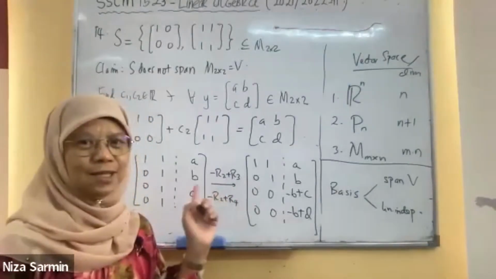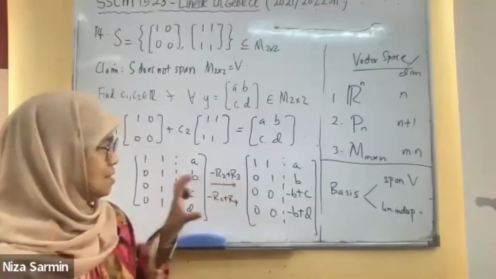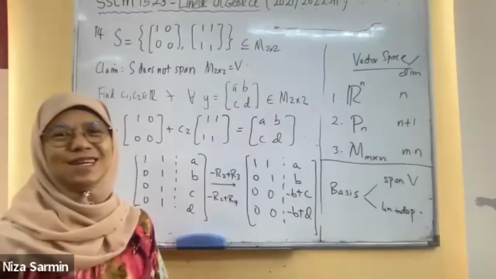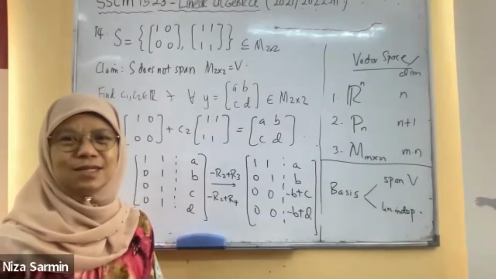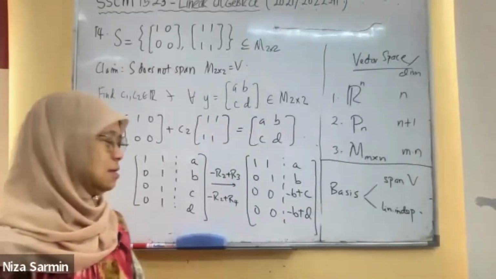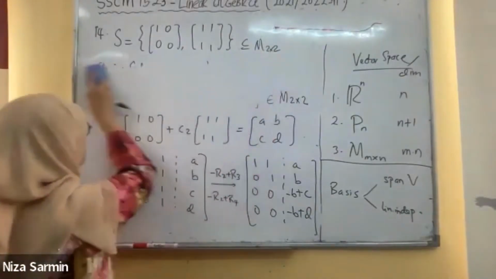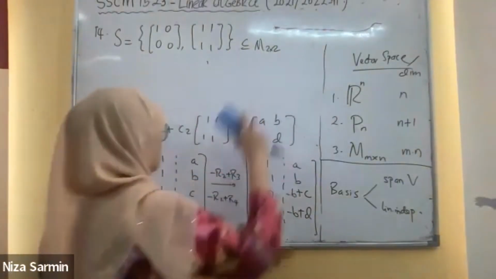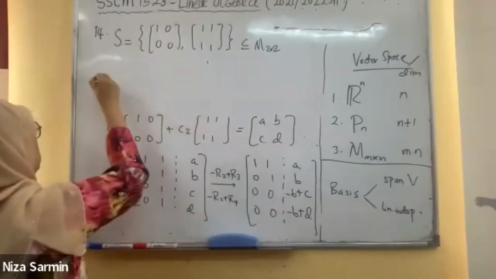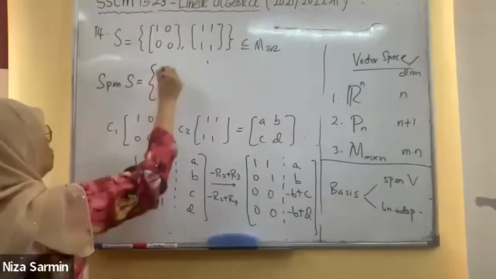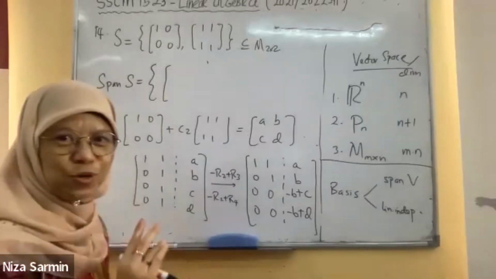This is tricky. How do you write the span? How do you write the span of S, if you are asked? Yeah. So, okay, span of S is equal to, what to write?